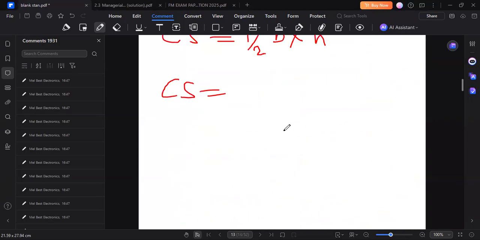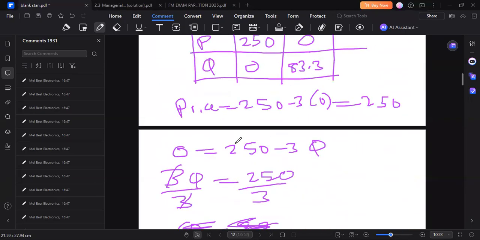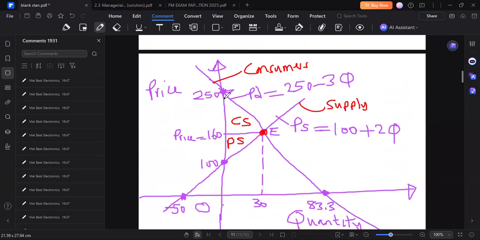So let's look at the consumer surplus from the curve here. This curve here is the consumer surplus. What is the height from here to here? The shape is a triangle. The base is 30 from here to here. The height is between 160 and 250, which is 90.